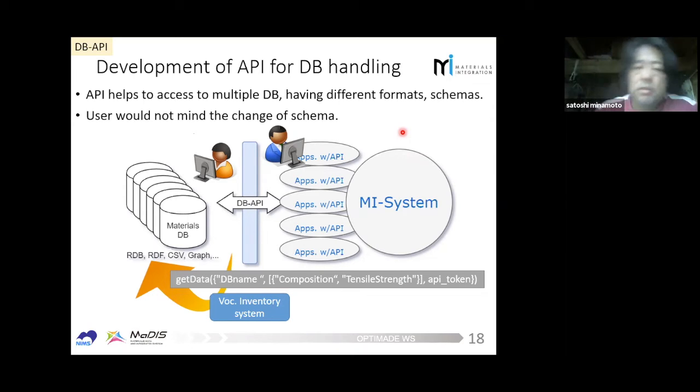And if the user already has several programs using the API, and the database structure is changed, the database API can handle such changes, so the user doesn't need to change his program. So it's better for users. So this is why we are constructing database APIs.